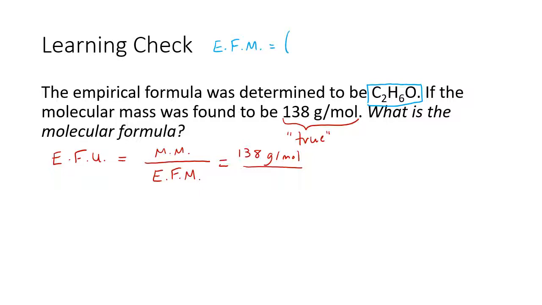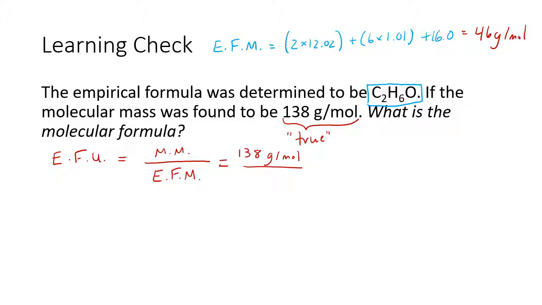That'll be equal to 2 times the molar mass of carbon, which is 12.01 grams per mole, plus 6 times about 1.01 grams per mole for each hydrogen, plus about 16 grams per mole for our oxygen. Our empirical formula mass should come out to around 46 grams per mole for this compound.